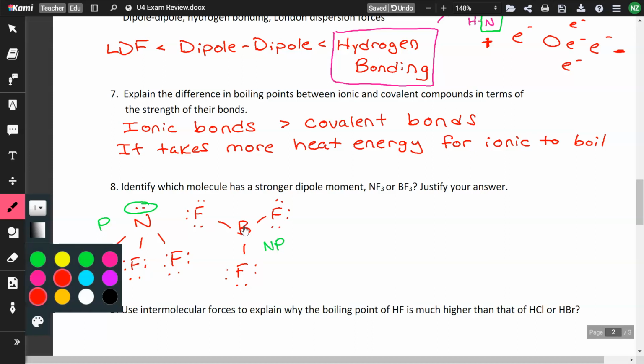Okay. So, the only way you're going to have a dipole moment is if you are polar.